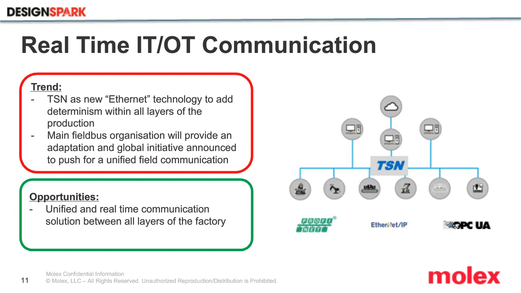An announcement was made at the last SPS trade show 2 weeks ago, where 22 companies agreed to push this solution as a long-term strategy. The companies involved in this initiative were the major PLC manufacturers like Siemens, Mitsubishi, Rockwell, and Molex is also part of the companies supporting this initiative.